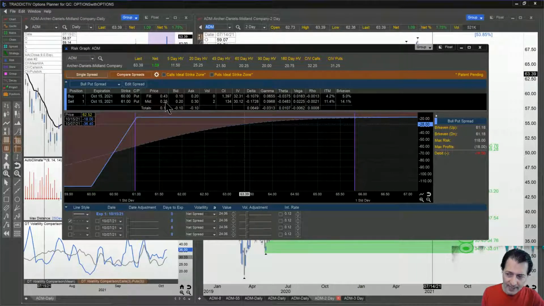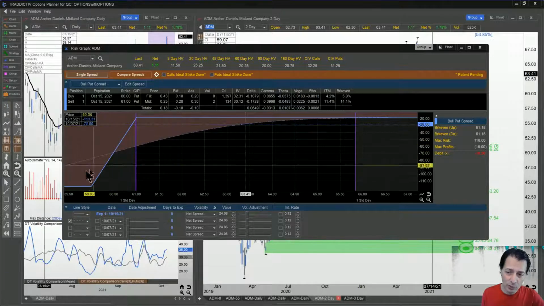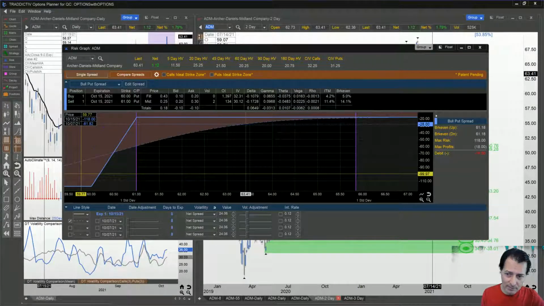Because the expiration date is so close, I collect only 25. Great, but because the one I own cost me 43 net, I'm still paying a net debit of 18. So basically, I'm locking in a loss of $18 if the stock remains above 61. And if the stock goes below 61, now I am increasing my risk to become 118.